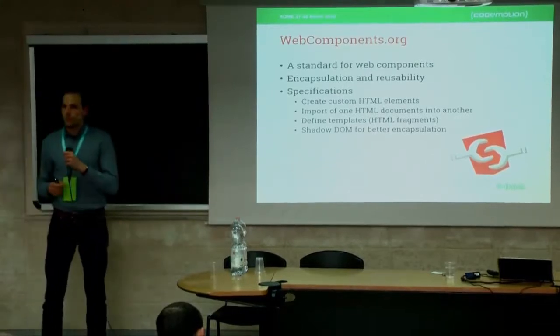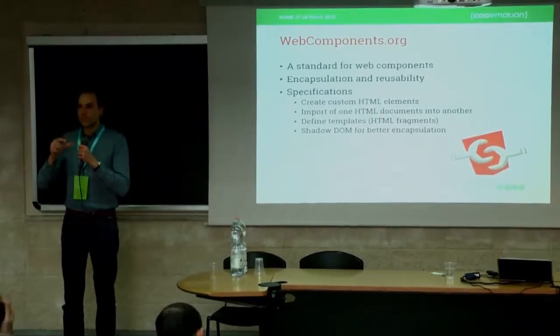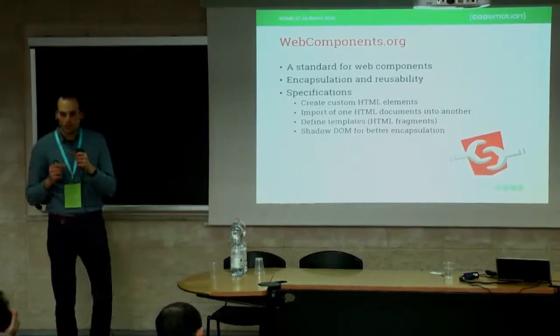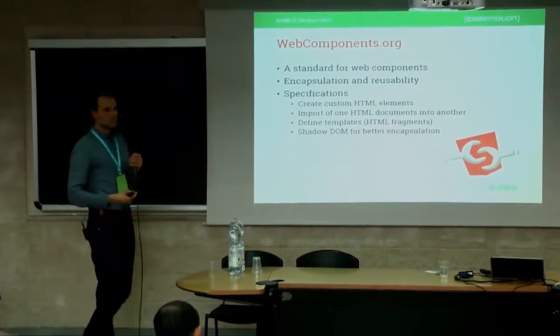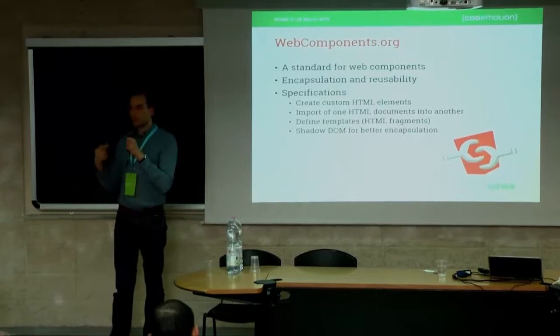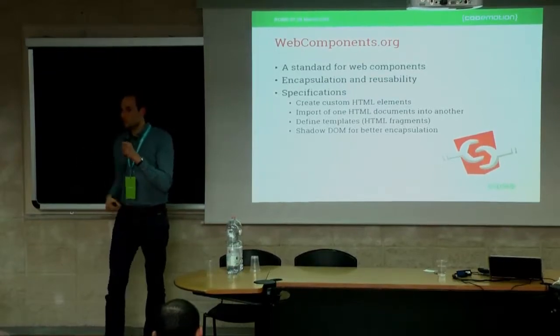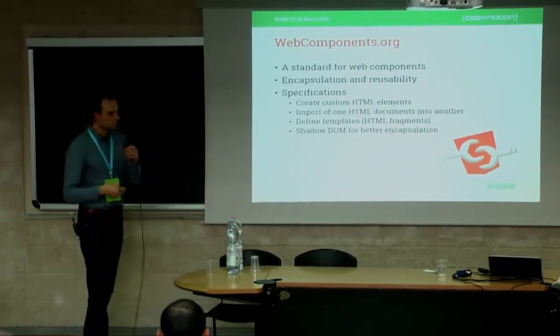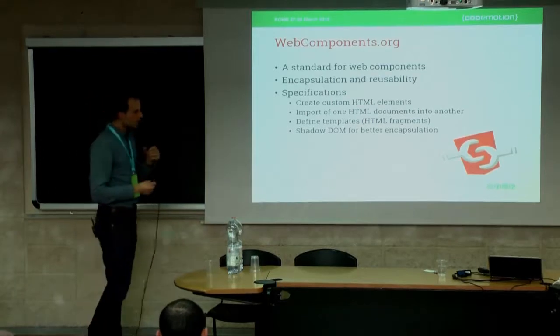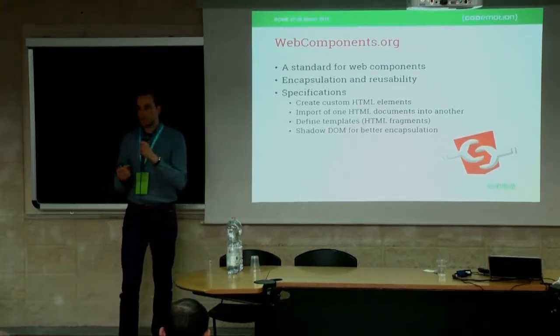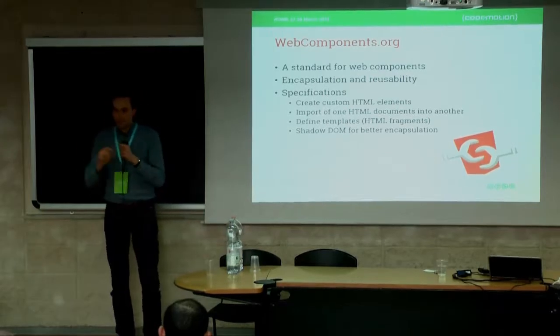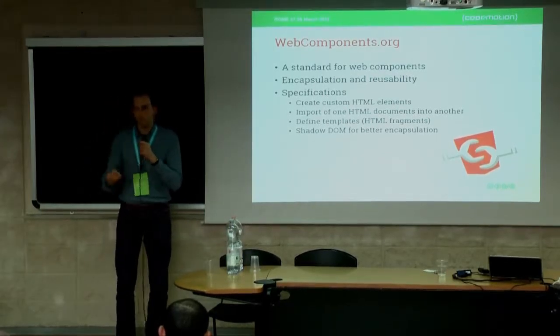The shadow DOM basically does the abstraction, the isolation of our component. So let's say I want to create my video player, I create a tag called video. It has one attribute called source, and I can use it in my HTML just like a normal HTML tag. But actually behind this tag there is HTML and JavaScript.